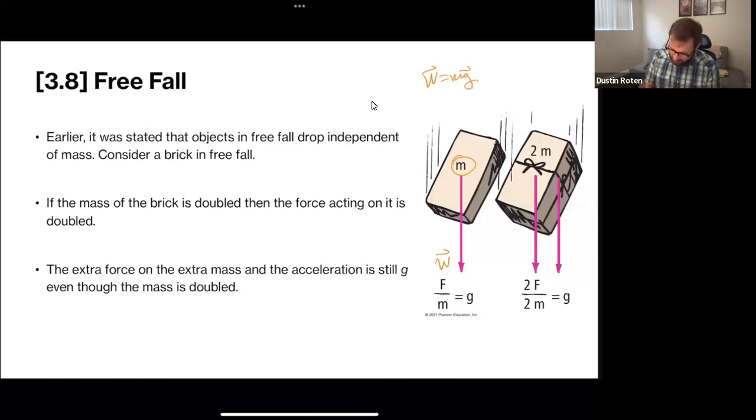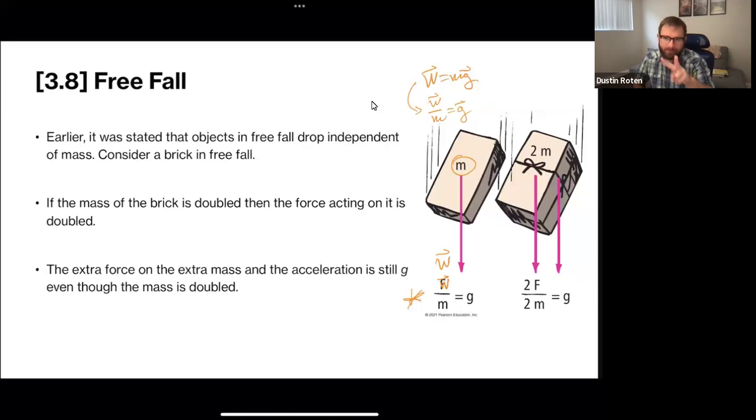So this is just the weight divided by m equals gravity. I just divided both sides by m to go from here to here. And we see that in this equation already provided, the force is just the weight. We can change the F to a W to match our notation. So the weight divided by the mass is just g.